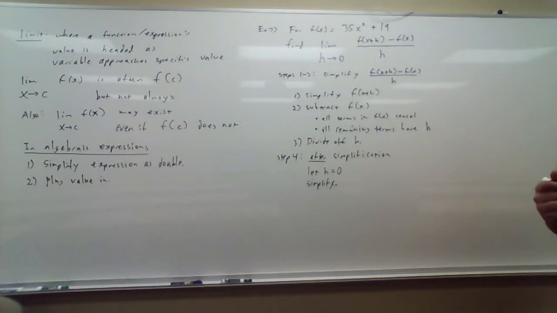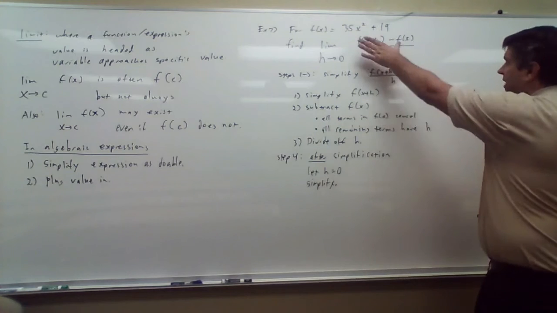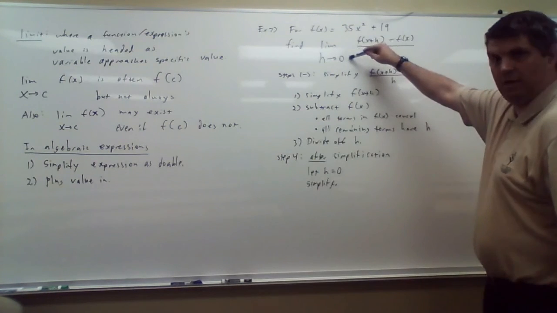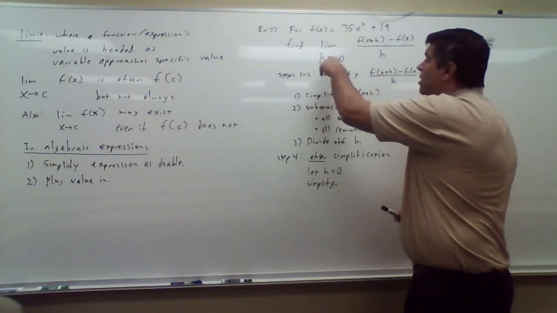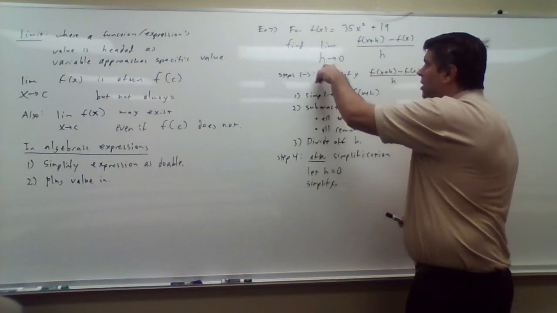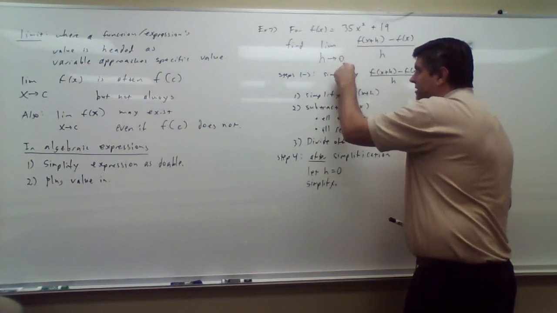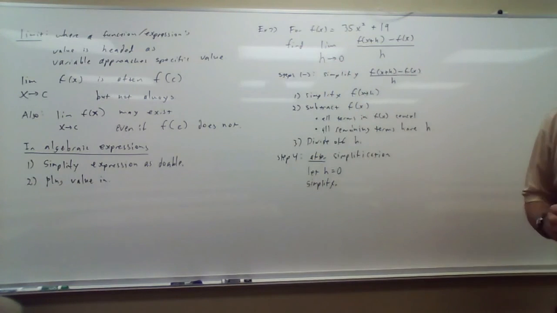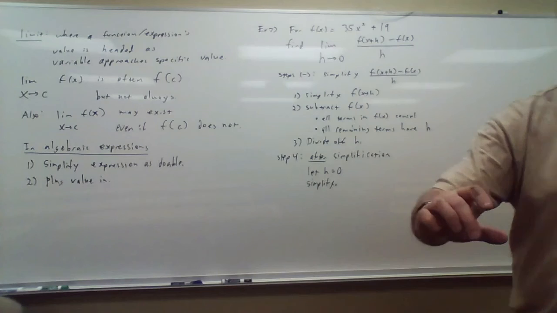So remember, you are simplifying an expression first, and then you will plug in that value for h. Okay, that value in for the variable. So, in this case, you're going to be plugging 0 in for h, not x. Okay? And I'm going to go ahead and move this table over so that you can see this more clearly.